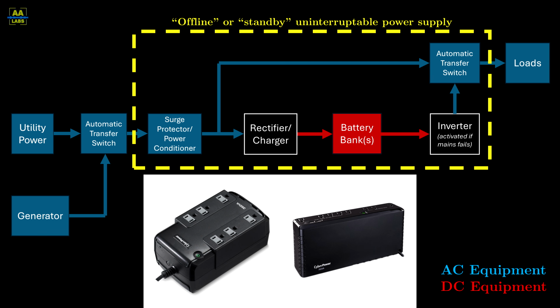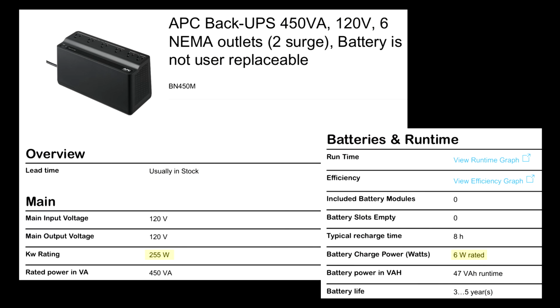However, the switching is fast enough that most modern computer and networking equipment can handle the blip just fine. One of the main reasons why offline UPSs are cheaper is that the rectifier does not need to be sized to power the load. It only needs to charge the battery. For example, many consumer-grade UPSs can supply hundreds of watts of power during an outage, but only charge the battery at around 5 watts.